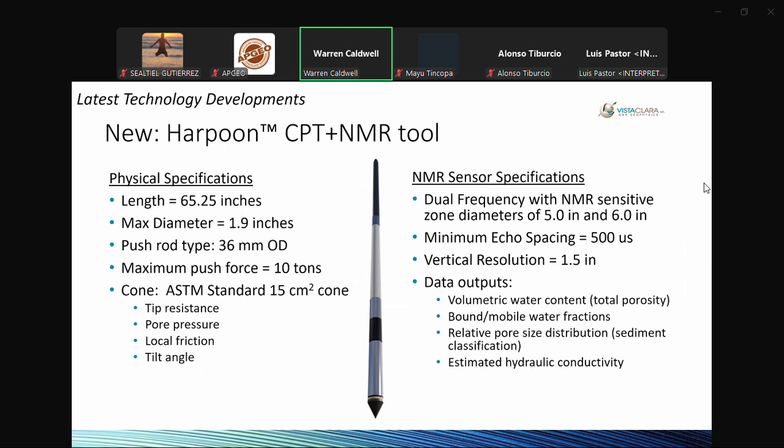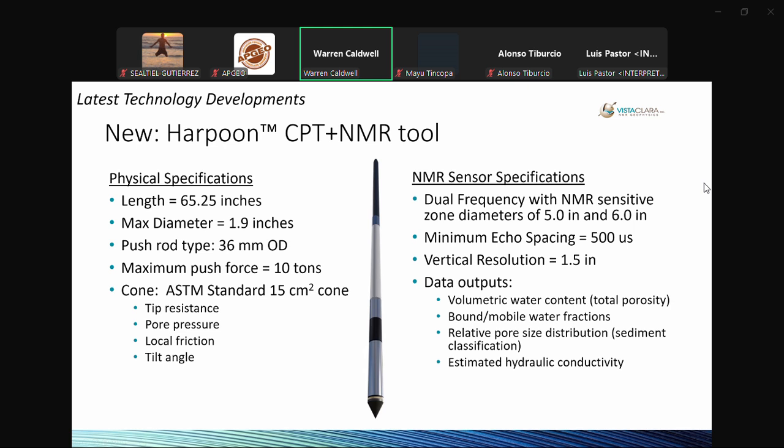This is a new tool that we are in the process of finalizing. This combines CPT with NMR into a single tool. Your typical CPT measurements are done by the CPT cone, and then there's a non-metallic section of this probe that will make NMR measurements.